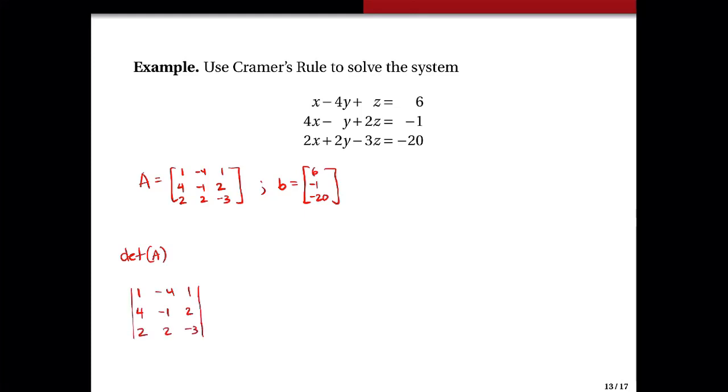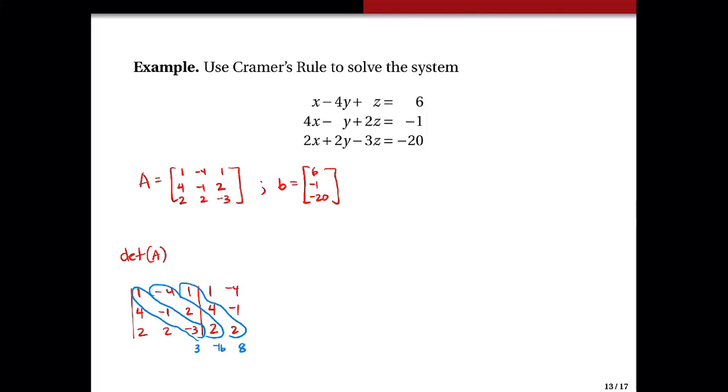Then you augment the first two columns, 1, 4, 2, -4, -1, 2. Then you do this, this guy here, and then this guy here. So we have +3 in here, then -16 in here, then +8 here.